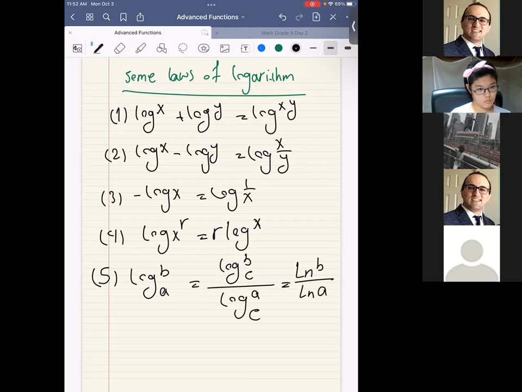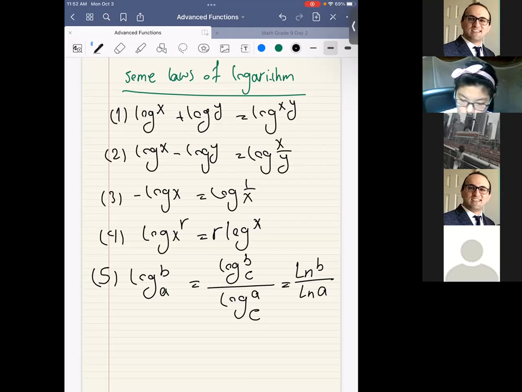That means if you let c be equal to e, then you will get the natural logarithm, ln. And that's pretty much it.